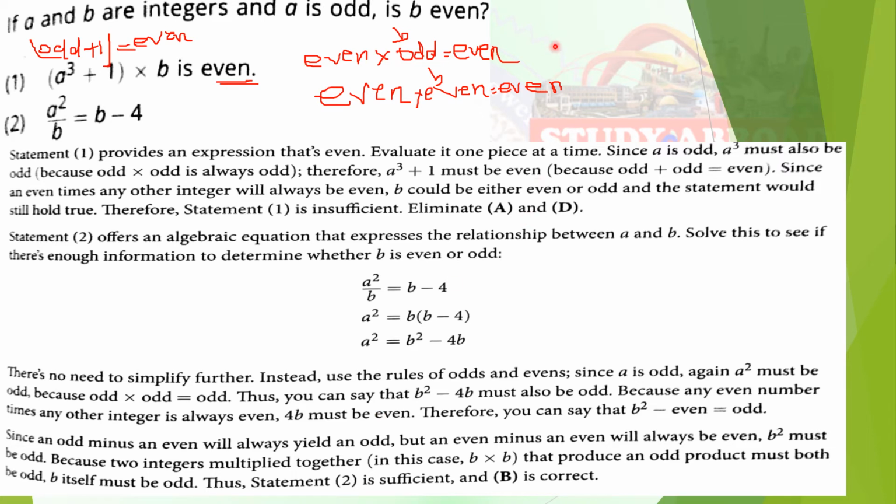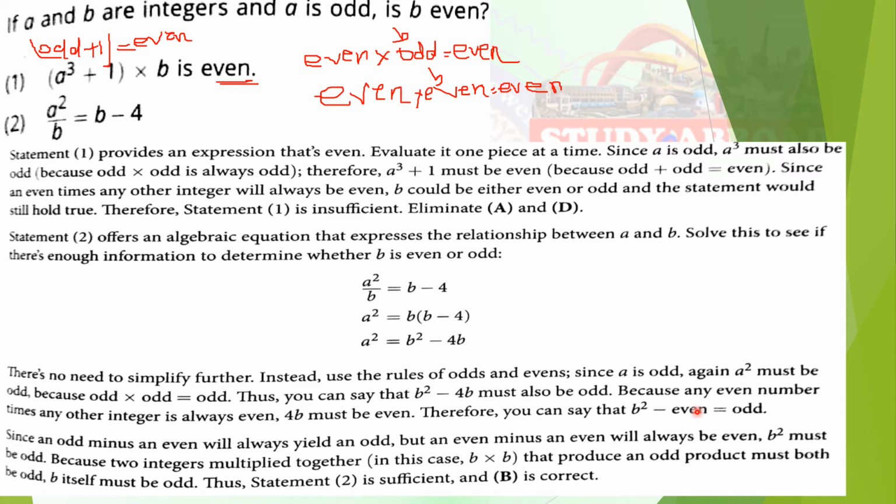In order to get an odd integer, since A square is odd, the right hand side must also be odd. So B square minus 4B: how will it be odd?